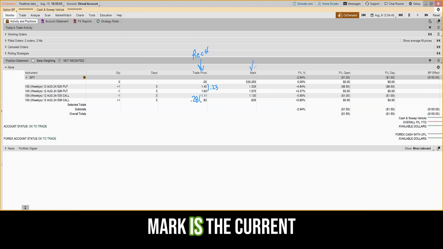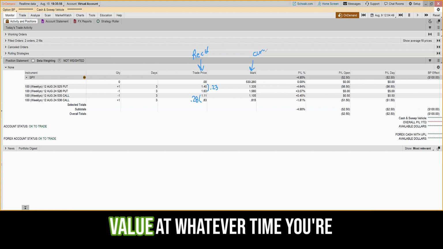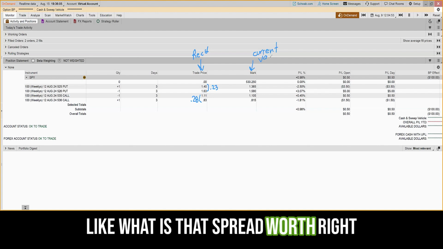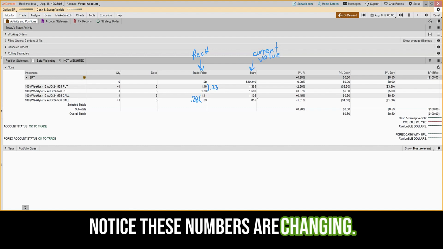Mark is the current value at whatever time you're looking at it. It's the current value. Like, what is that spread worth right now? Notice these numbers are changing.